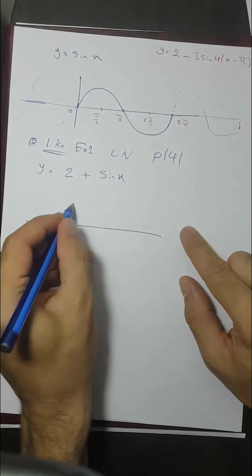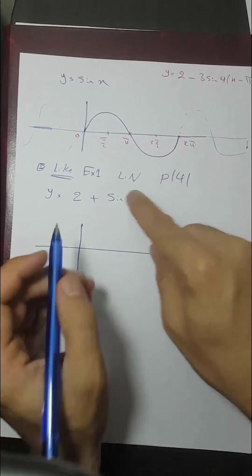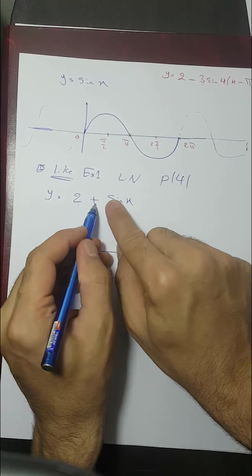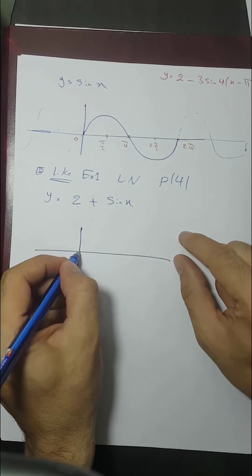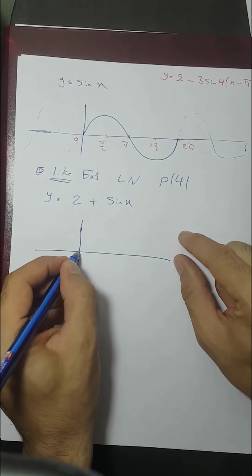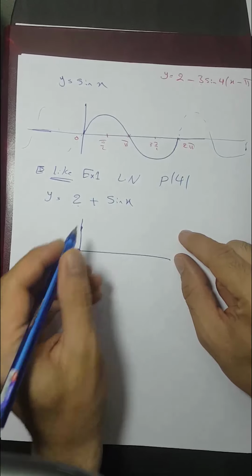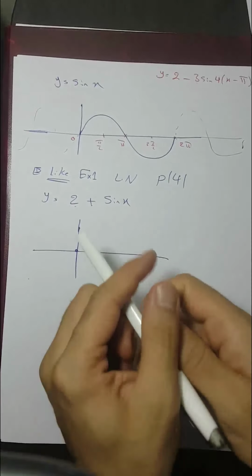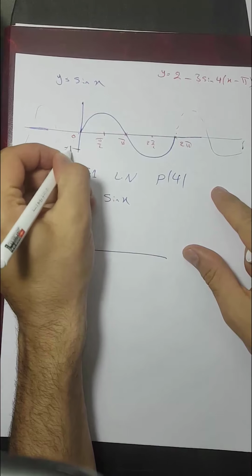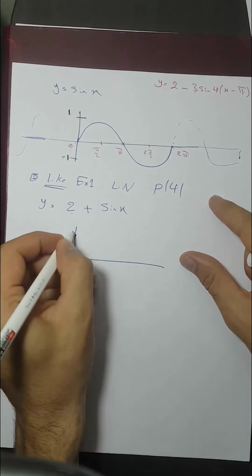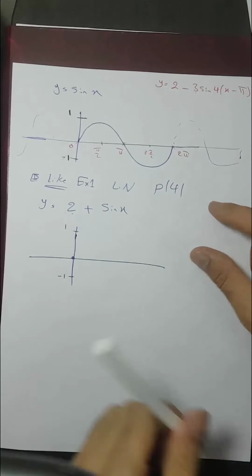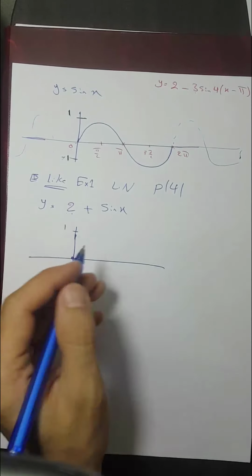You know, this is the original one. Now, because I have an addition outside the function, it means I'm going up. If I'm starting from 0, 0, and you know the range of sine is between -1 and 1, as you know before, now I am going to change this range between -1 and 1 to something else.